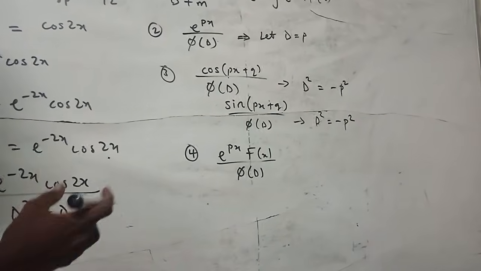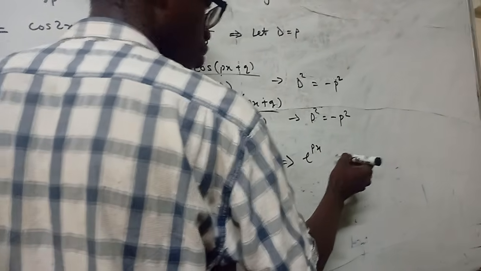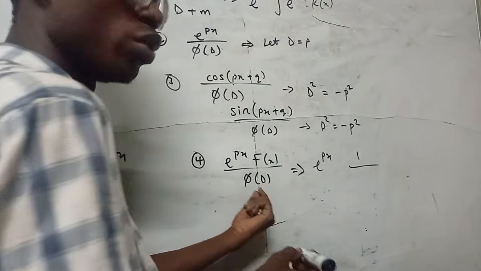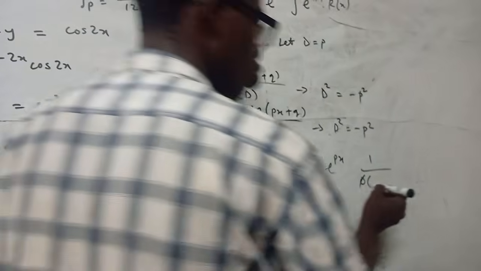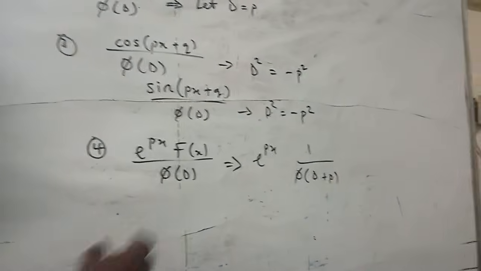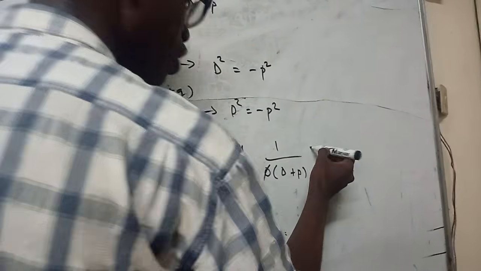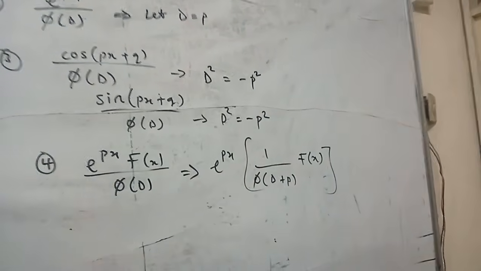You don't need it. It's going to become something like a constant. So we transform into e raised to power px times 1 over, instead of working with d, we transform d to d plus p. This p, you transform it into d plus p, then you write your f of x, then you solve this one the normal way that we solve it.